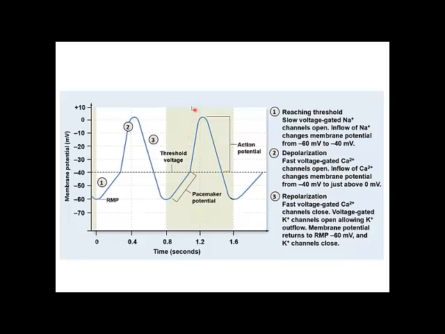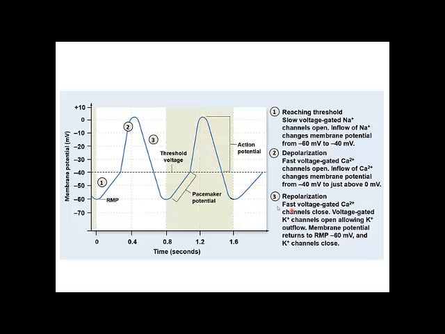This is very different from every other cell we've seen. This depolarization phase here is not due to fast sodium channels. They are not found on these nodal cells. It's our voltage-gated calcium channels that do our depolarization. Once we've depolarized, we don't have much of a plateau phase. We are going to start to repolarize here.